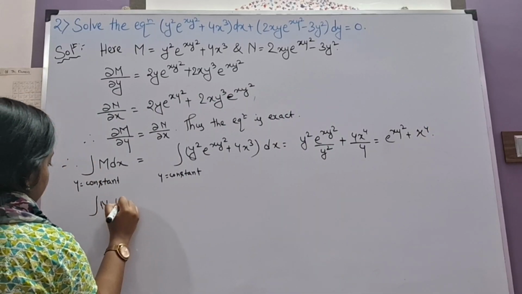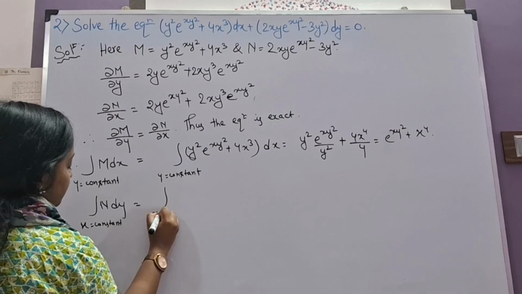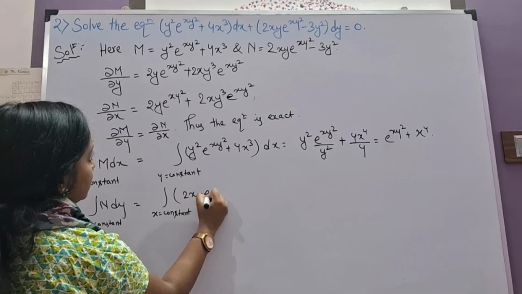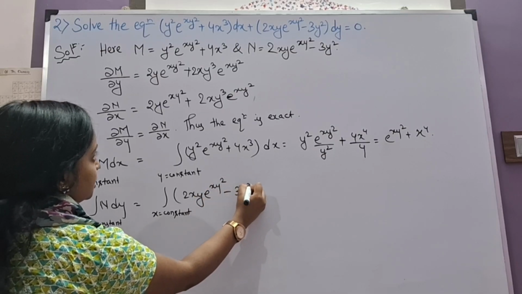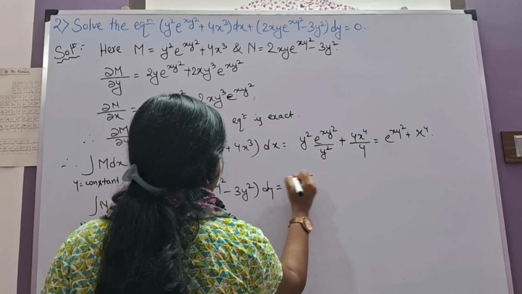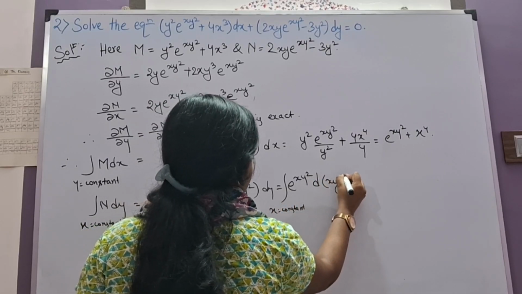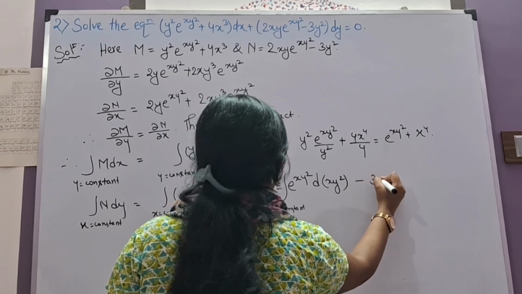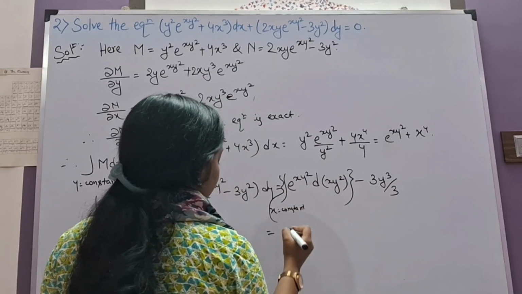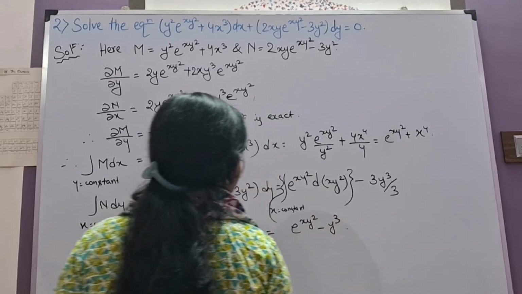And integration of N dy when x equal to constant is equal to integration of 2xy e to the power xy square minus 3y square dy, equal to e to the power xy square d of xy square minus 3y cube by 3, equal to e to the power xy square minus y cube.